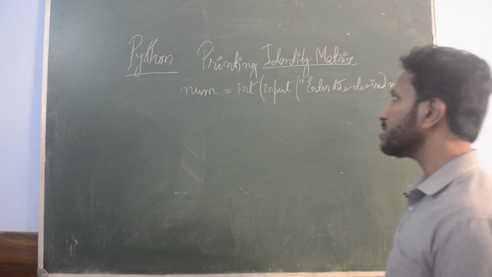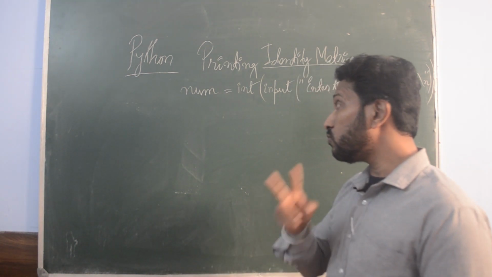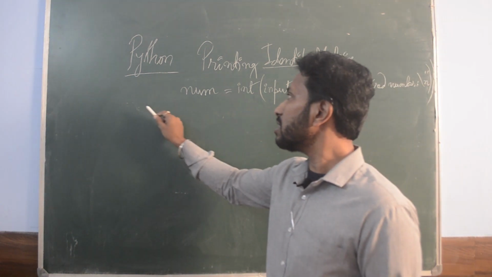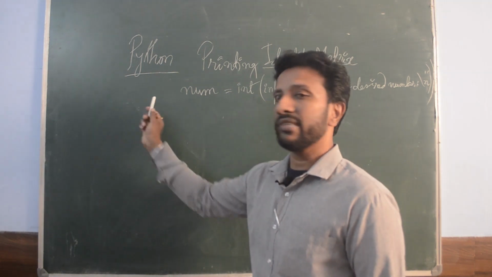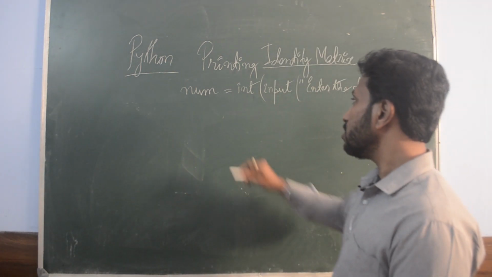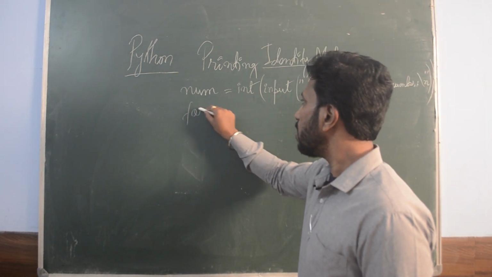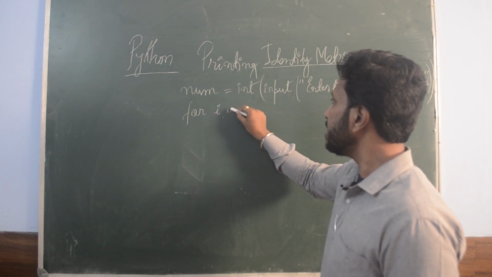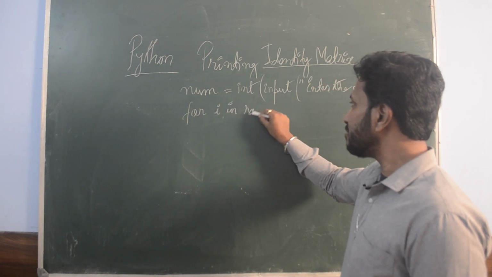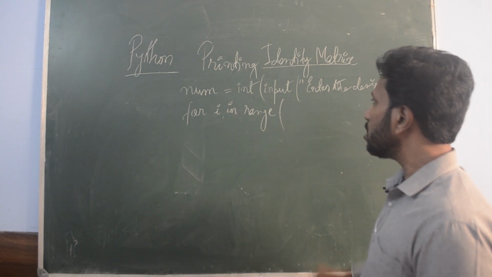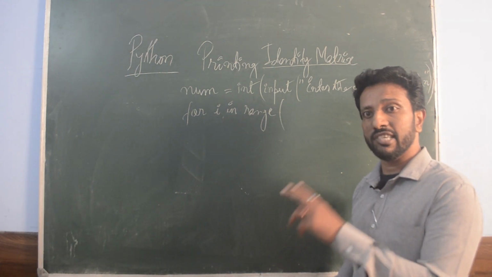And after that, I will use 2 for loops because I have to iterate between the rows and the columns. That's why. So for i in, I will use the range function and I have to start from 0.